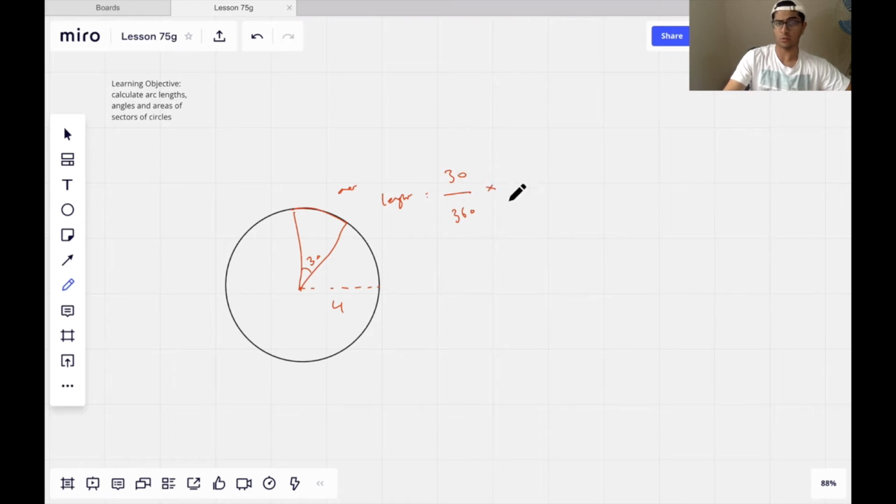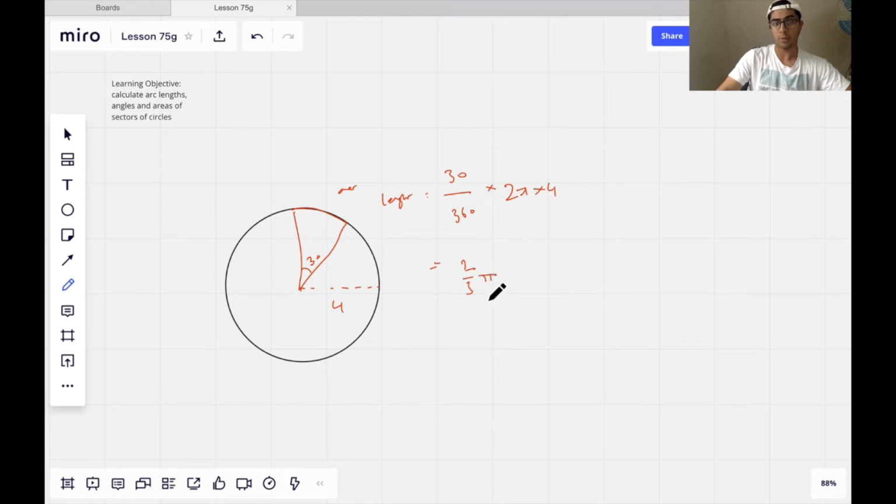So 30 over 360 times 2 pi r, which is 2 pi times 4. That's 30 divided by 360 times 8 pi, which we can get out the calculator for. That comes out to 2/3 pi, and that's our answer.